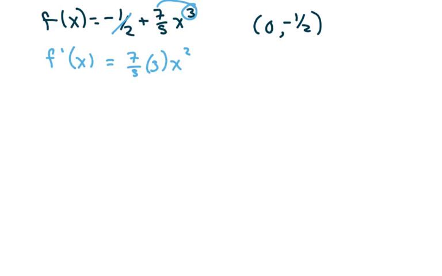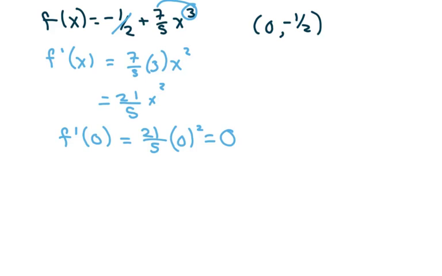You just go down 1, and that's going to equal 21 over 5 x squared. Now we plug in 0, so the derivative of f at 0, you get 21 over 5 times 0 squared, which equals 0, and this is your slope.